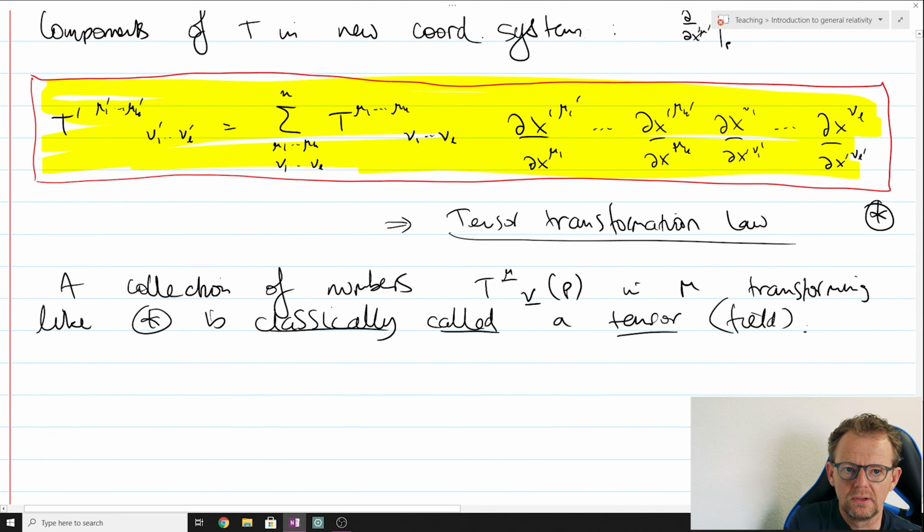So classically you'll hear people saying this thing is a tensor, this thing is not a tensor, and they'll have in mind a manifold, and a collection of numbers transforming according to star.